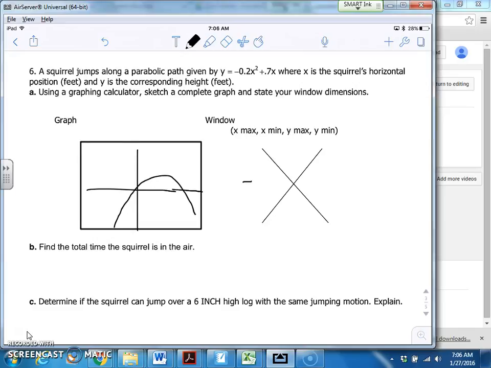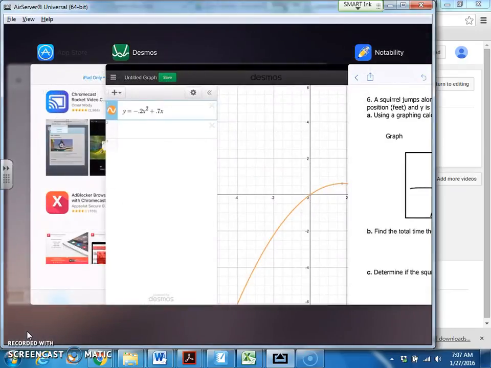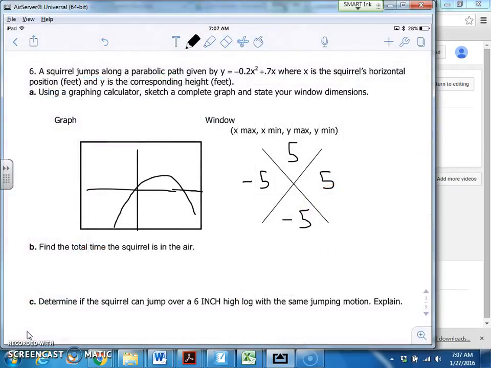So our x-min was around negative 5, x-max was 5, so that's the left side of the x, the right side of the x. The bottom side of the y was negative 5. The top side of the y was around 5. I want to double check that. It's too high though, isn't it? That's okay. It's close. Not perfect. So if you need to pause to get that sketched, go ahead and pause. Again, I'm just trying to get this sketch from the Desmos.